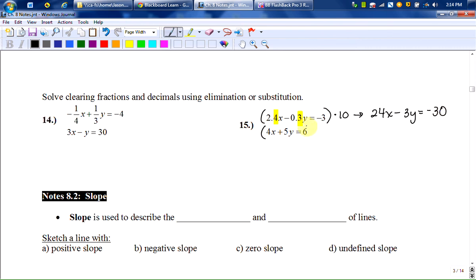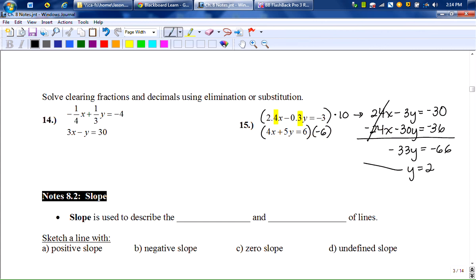The bottom equation, I'm going to multiply by -6. And I'm going to get the x's to cancel, and I'm going to solve for y. And I can't forget to take this value and plug it back in. And I can actually plug it into any of these equations.